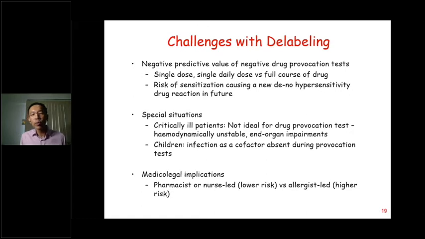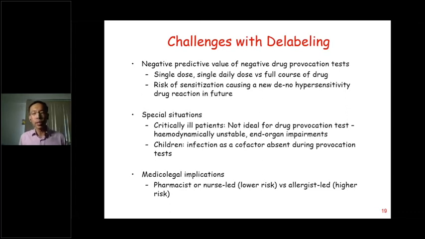So lastly would be the medical legal implications. If you look at a lot of these delabeling programs, a lot of these delabeling programs also involve a pharmacist or a practice nurse who is involved in the particular program or project.